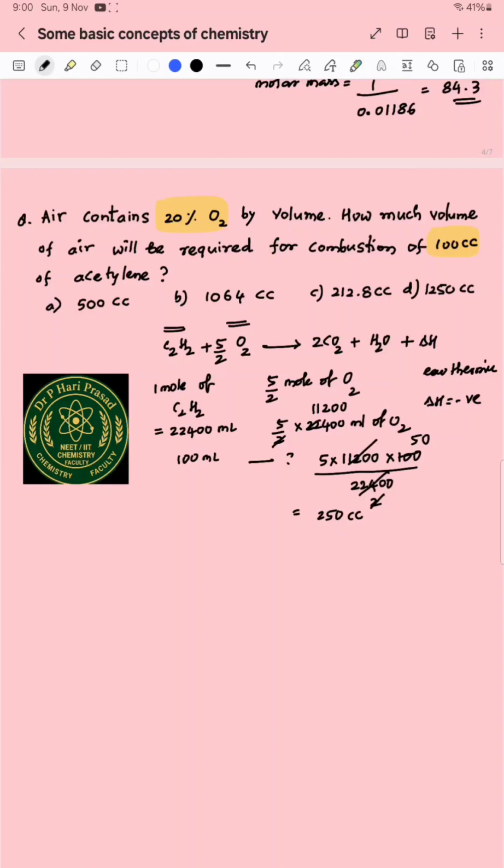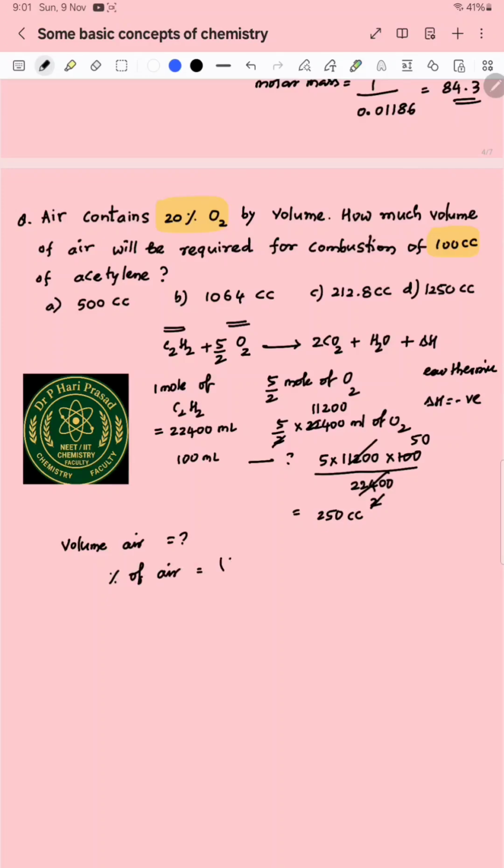The question is asking how much volume of air will be required for combustion, right? So he is asking the volume of air. Volume of air is equal to question mark. In the question, it is given that air contains 20% O2 by volume. Okay. Now look, student. Can I write the percentage of air?